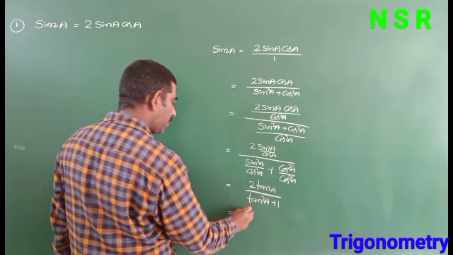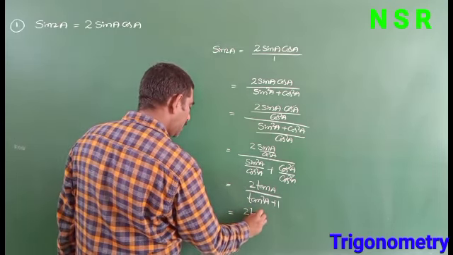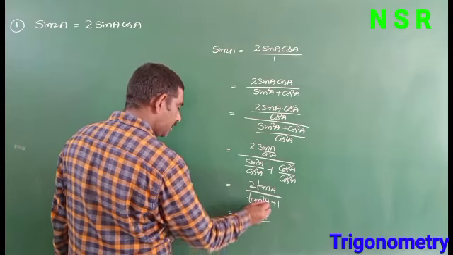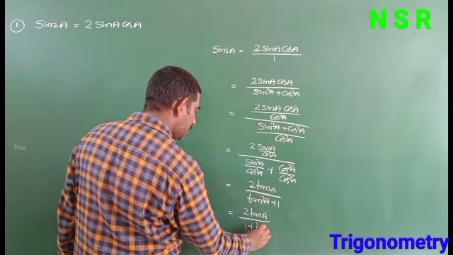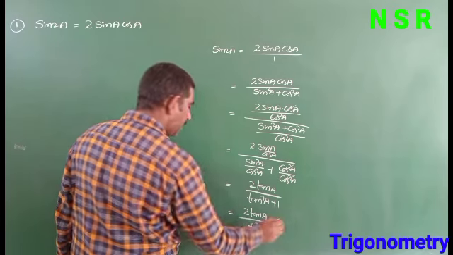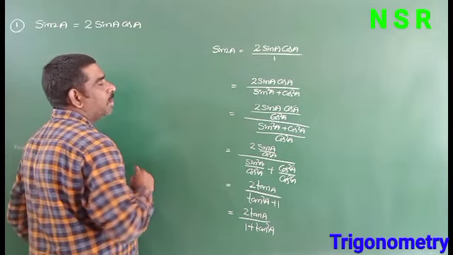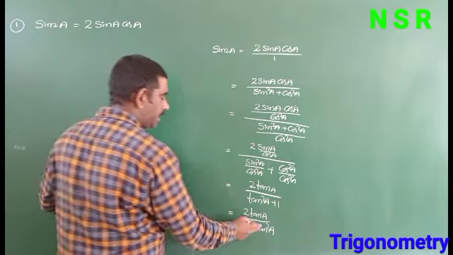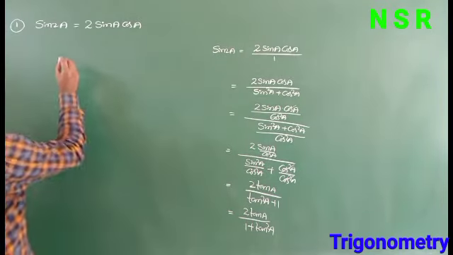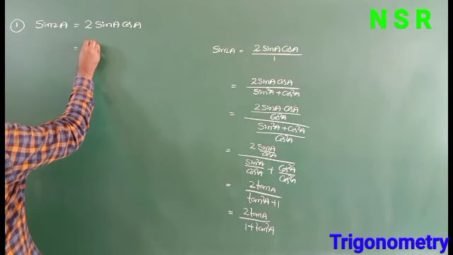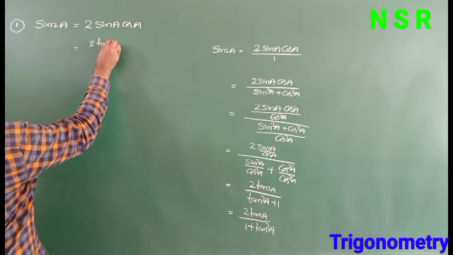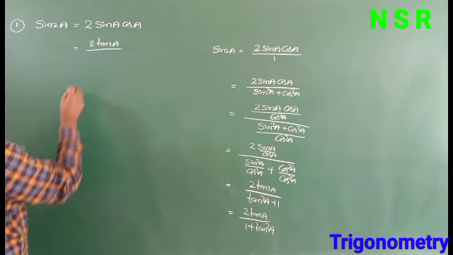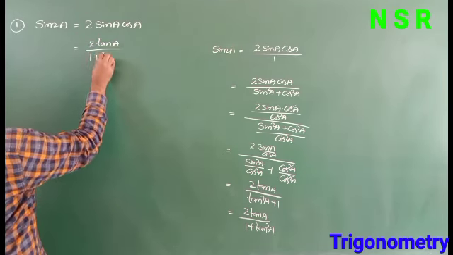So the sin 2a formula in tan terms is 2 tan a by 1 plus tan square a.